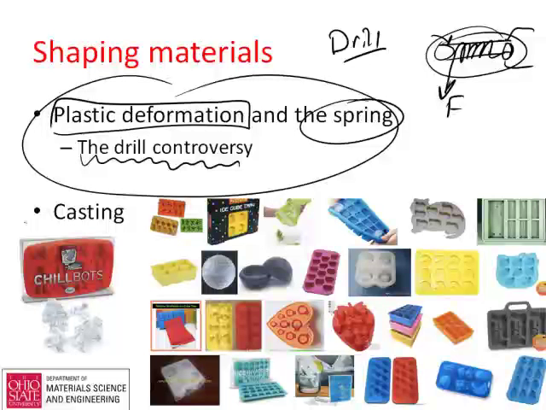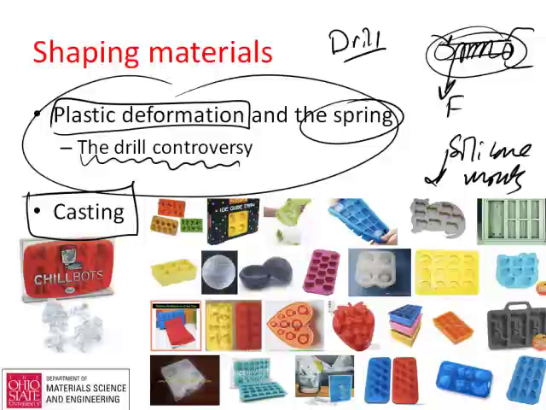The other way you can make a shape that's very common, and these aren't the only two, is by casting. And we're going to show that we can use these silicone molds that can be used to make shapes. What's cool about these is there's all kinds of things that are available. You can make rings, you can make shot glasses, ice shot glasses.